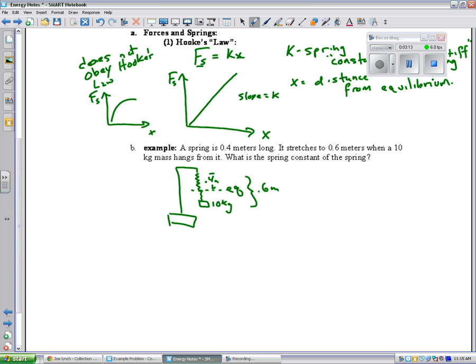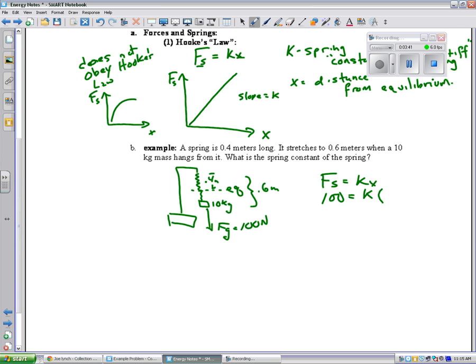So we have to think about what force is acting on it, because our equation is going to be Fs equals Kx. So the force of gravity down is going to be 100 newtons. And the spring force is pulling back up on it. And it also has to be 100 newtons because this thing is sitting still there. So 100 equals K. Now, X is the distance from equilibrium.